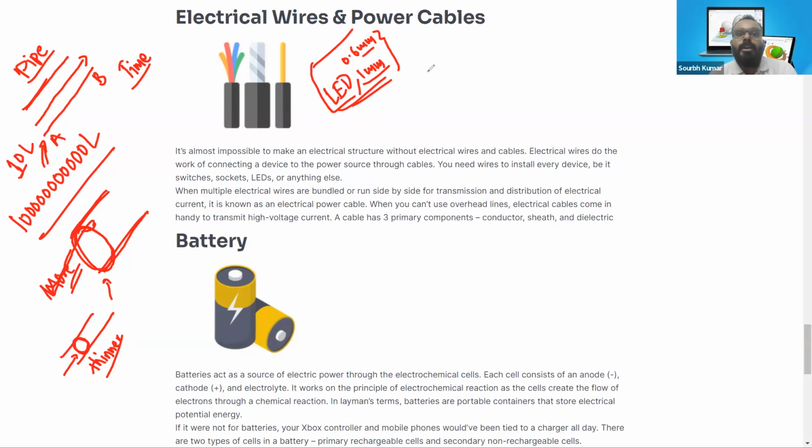No? Okay. So what we can do is utilize different diameters of pipe or different diameters of wires, or we can call it the cross-sectional diameter of wires, for different applications in our electrical circuits. To operate high-end motors, we cannot go with these 0.6 mm or 1 mm diameter wires.